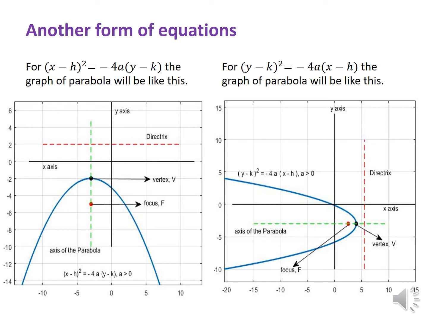We have another form of equations. The basic difference between these two equations and the previous two equations is that we have an extra negative term for these equations.